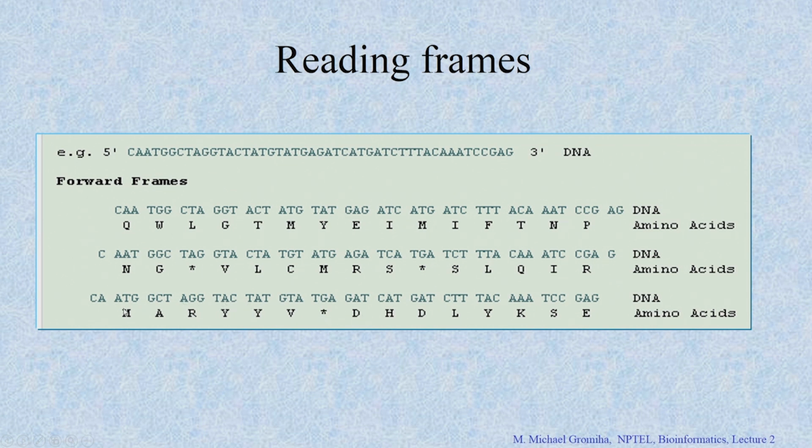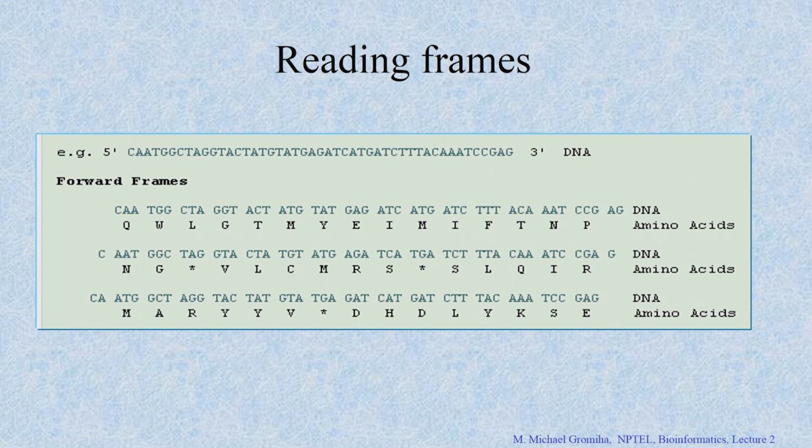Now look into the table for each codon, and you will get M, A, R, Y and so on. What will happen if you move one more? The same will repeat. If this was TGG, it will start from here. You do not have the first amino acid, but you start from the same sequence. So, in this case we get 3 different reading frames.